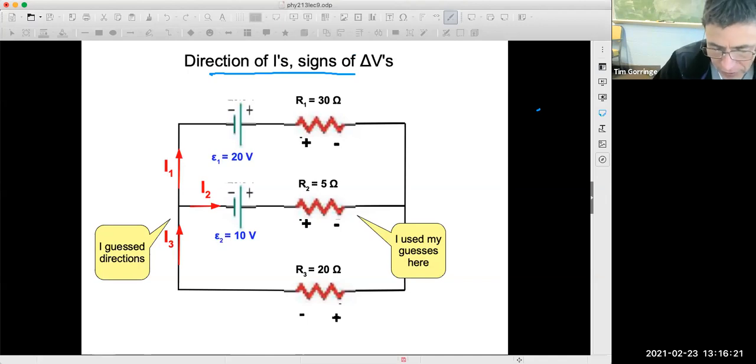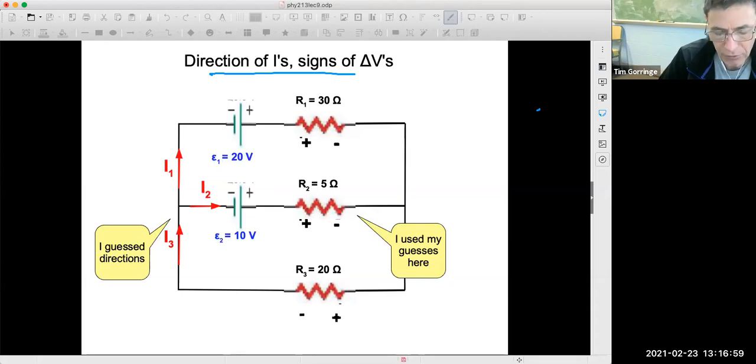So the first thing I did, and this is an important point, is that in applying Kirchhoff's rules, you have to pick directions for the flow of the current through the arms of the circuit, because you need to have directions to be able to know whether, as you walk across the resistor, you're going up or down a potential hill.